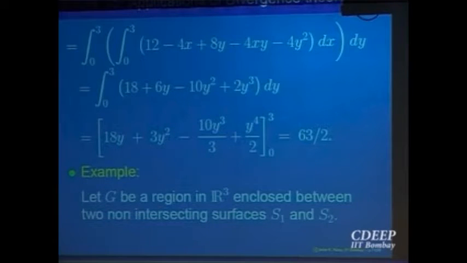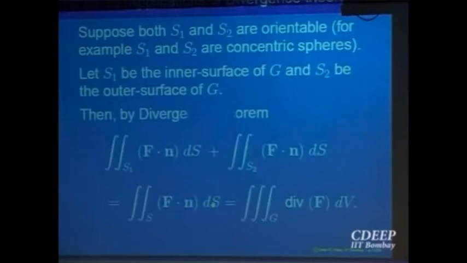Something similar is possible here. So here the requirement would be that the divergence of the vector field should be equal to 0. Then if the boundary consists of two surfaces S1 and S2, S2 is outer, S1 is inner, then the integral over S1 plus the integral over S2 will be equal to 0 because the integrand is 0 in the triple integral. So the integral over S1 will be equal to the integral over S2 with appropriate orientations, right? So similar things are possible. The same example we had for 2 dimensions, we can extend it to 3 dimensions.